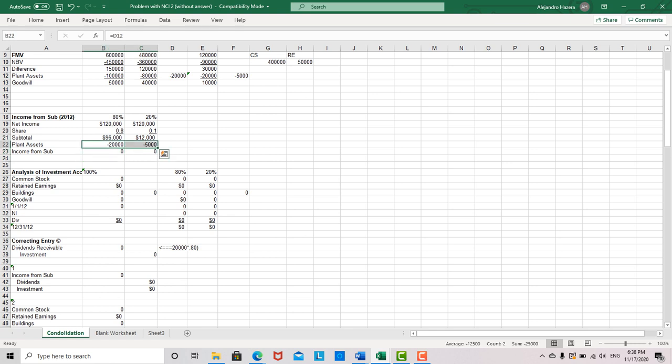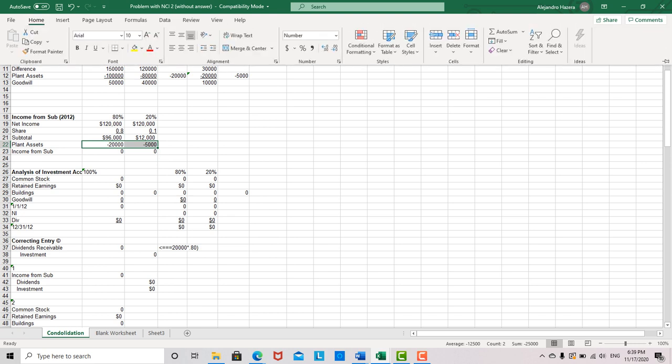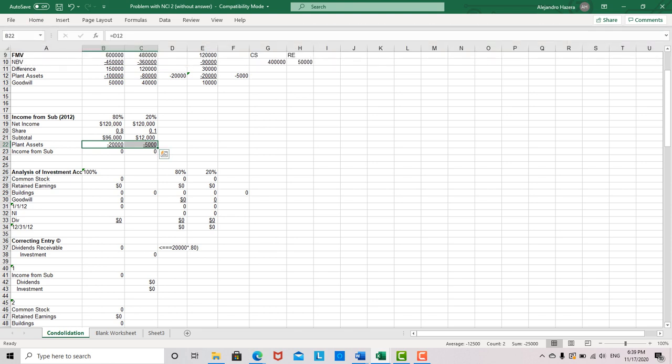So the controlling interest has net income of $96,000 before adjustment, but because they wrote up the asset, they're going to take a $20,000 hit in excess depreciation. So their final income is $76,000, and the income for the non-controlling interest is $7,000.